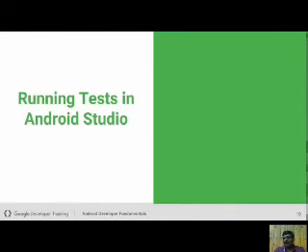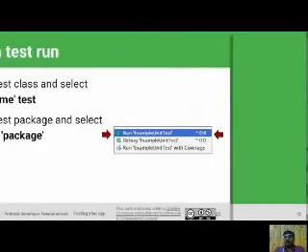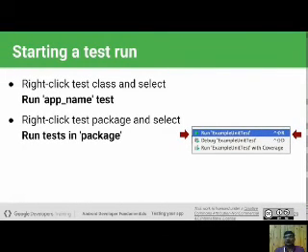So how exactly is testing done inside Android Studio? To perform testing, you can either right click on your testing class and run it as a testing class, or right click on your testing package and run it as a test package. In both cases, it will start running your application in testing mode.